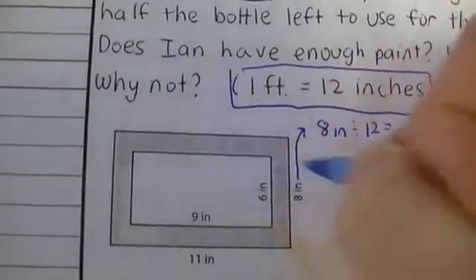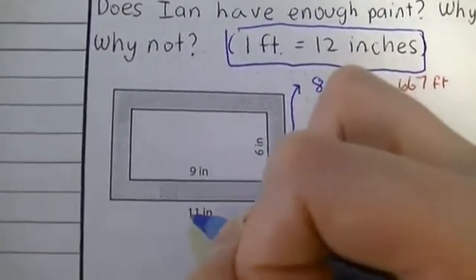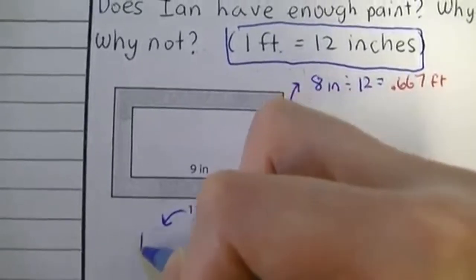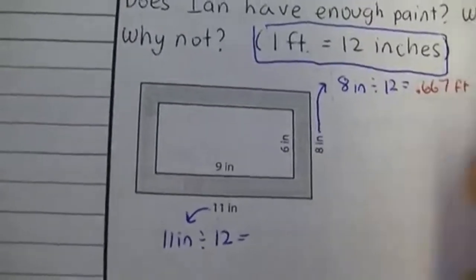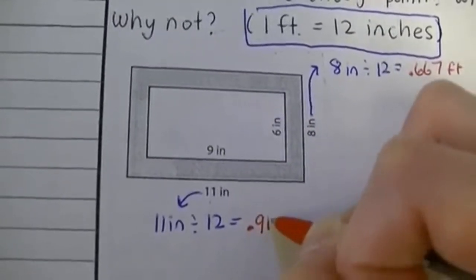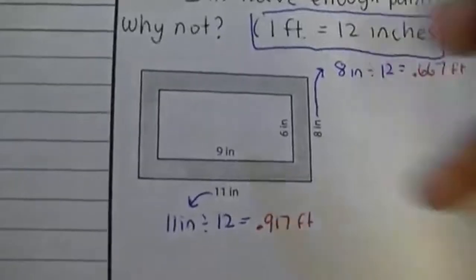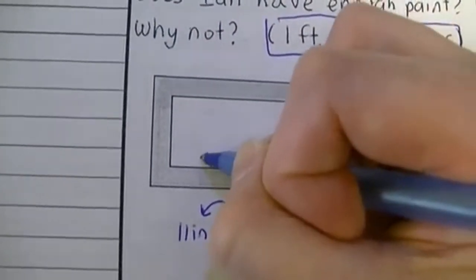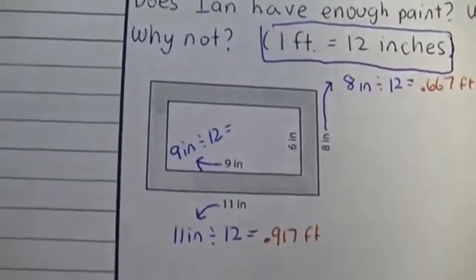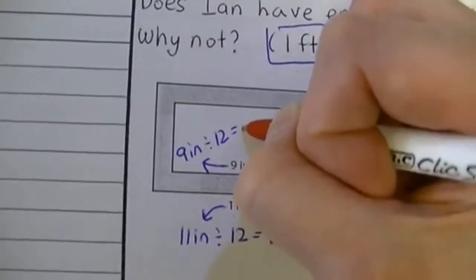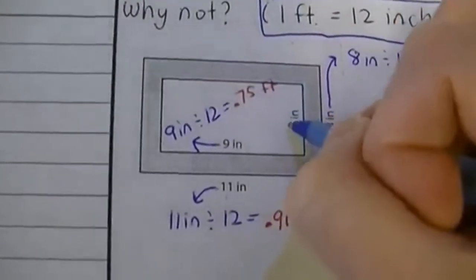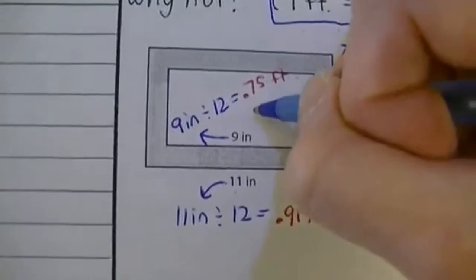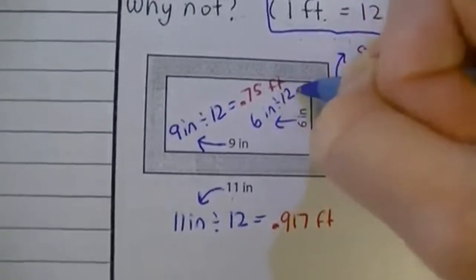And then this one right here, 11 inches divided by 12 to get the feet. And then this one right here, 9 inches divided by 12 to get the feet. And then this right here, 6 inches divided by 12 to get the feet.